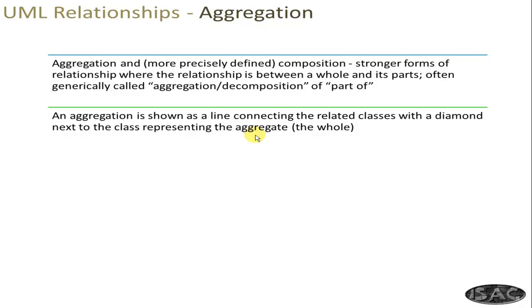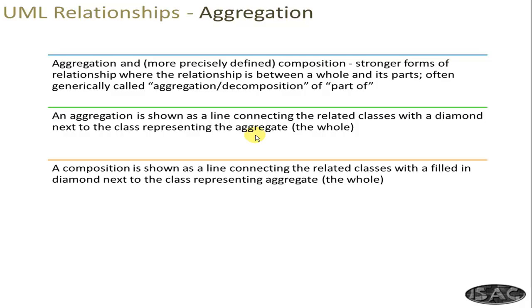So, how will it come? Let me just show you this. If there is a car, we will say car, and then there is an engine. This is another object called engine.